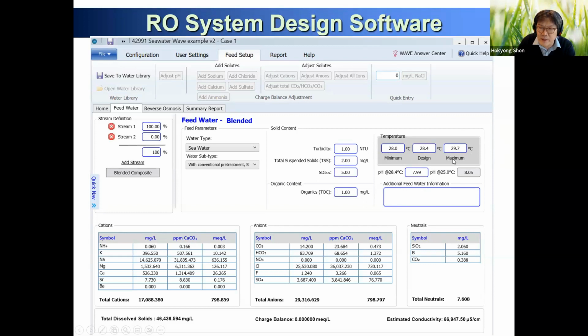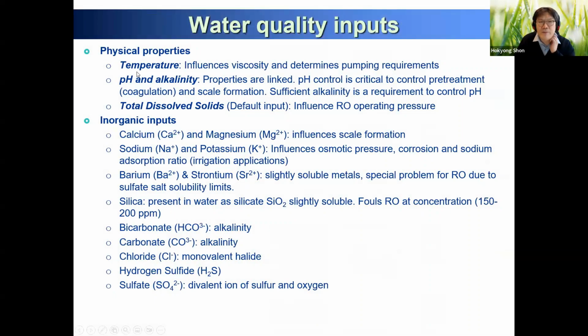So you have some fluctuation in temperature, and you can enter that as well as the pH. In this case, you have a well-balanced feed water.